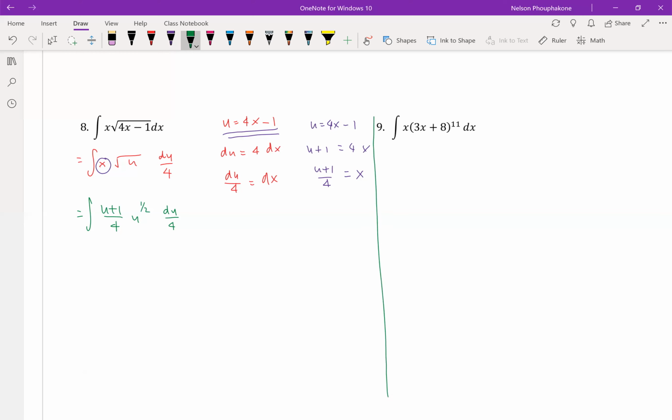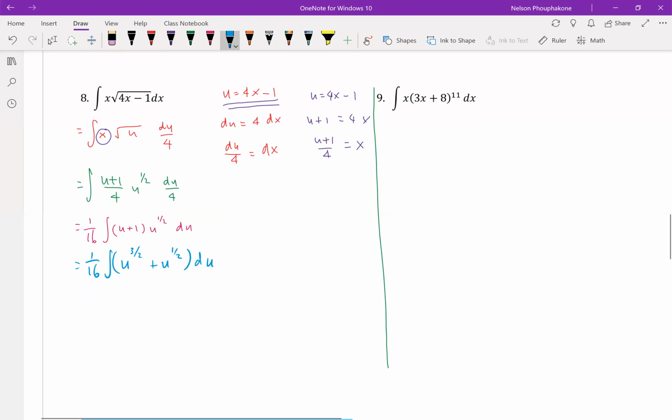Okay, then now I take out 1/16, and then I will have u plus 1 times u to the 1/2. Then it will be u to the 1 plus 1/2, which is 3/2, plus u to the 1/2, du.